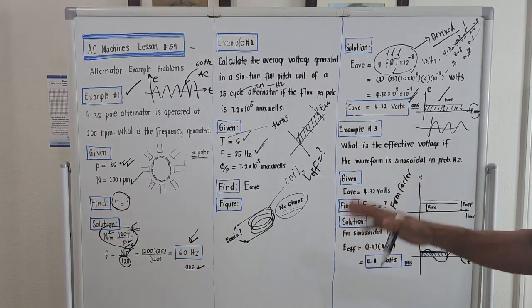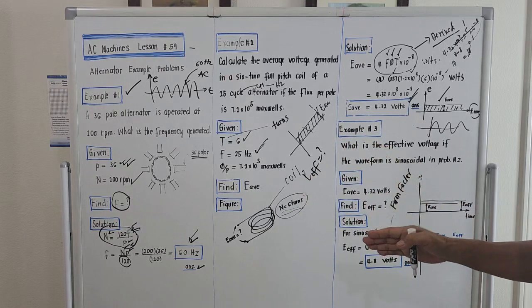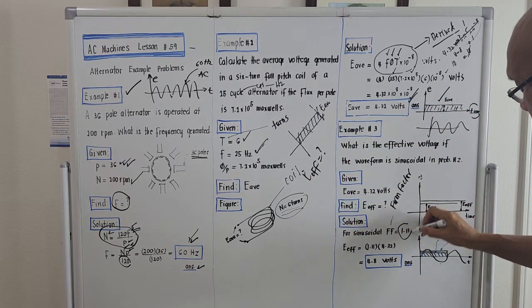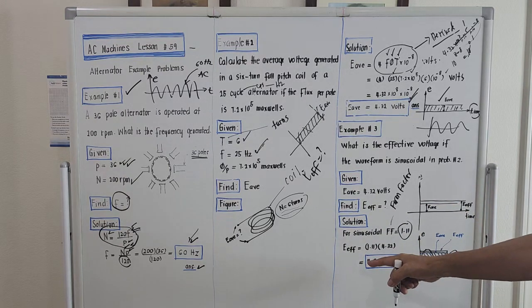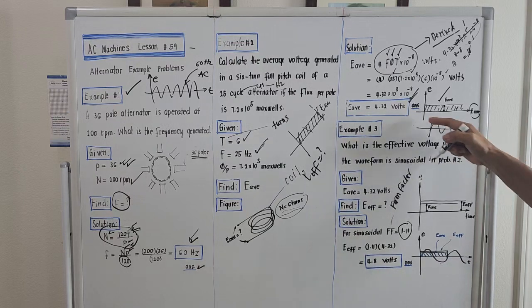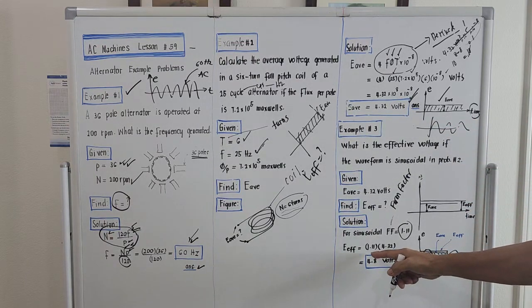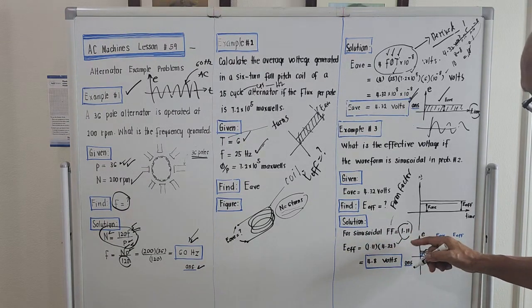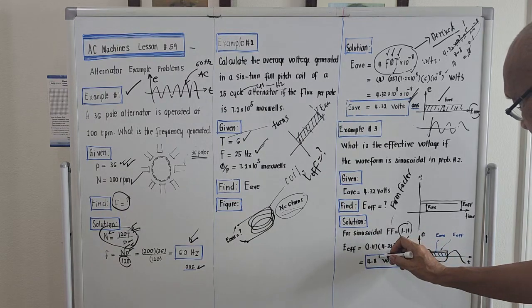And the relationship between effective and average for sinusoidal voltage is the value 1.11. So if we get the effective voltage of this one for one cycle, it should be the form factor times the average. It is 1.11 times 4.32, so this is 4.8 volts.